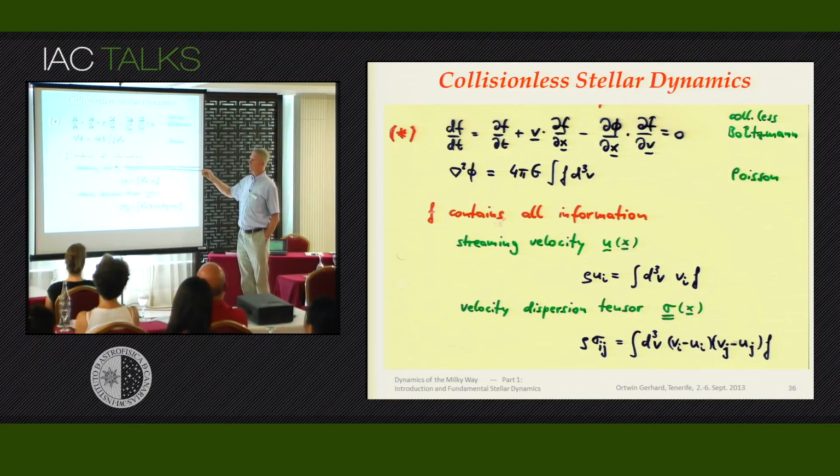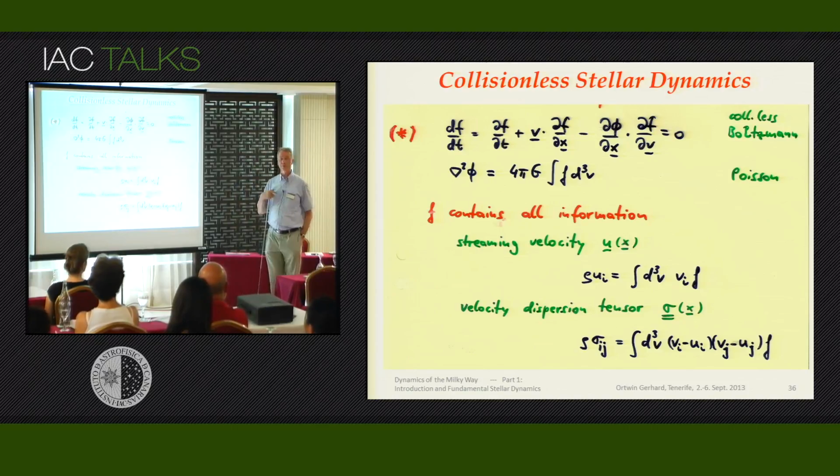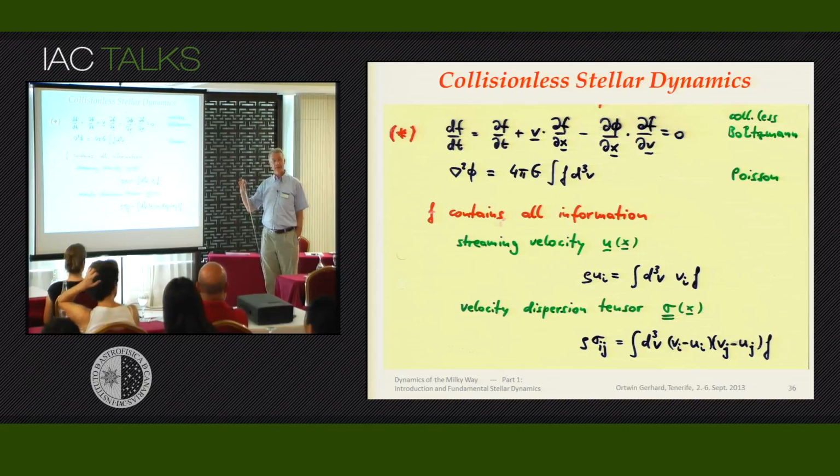So that will be the streaming velocity of the stars, and this will be the random velocities of the stars around that streaming velocity. I think my time is up today, so tomorrow I'll go on to the so-called stellar hydrodynamic equations, which are the Jeans equations in a stellar system.